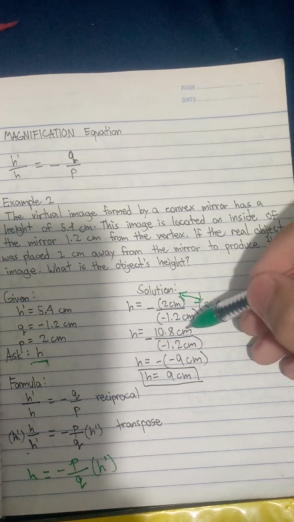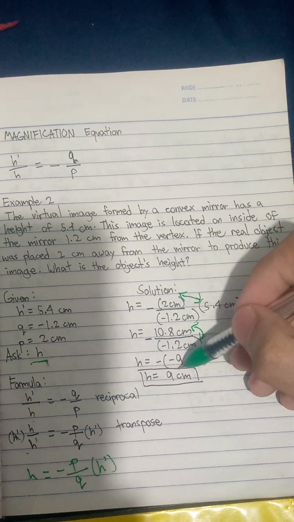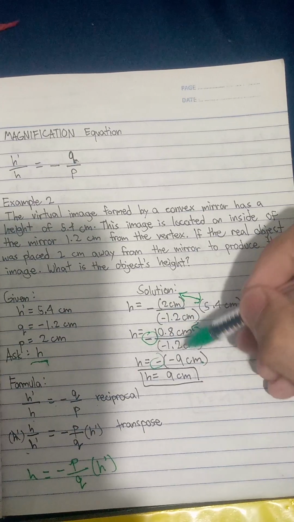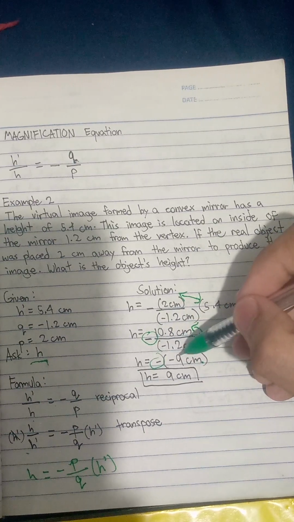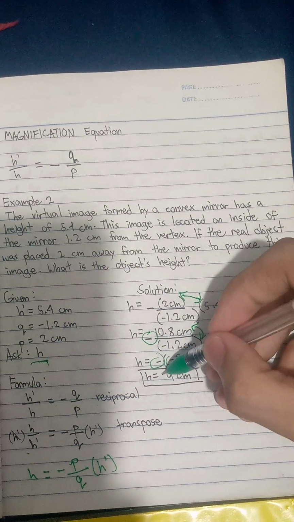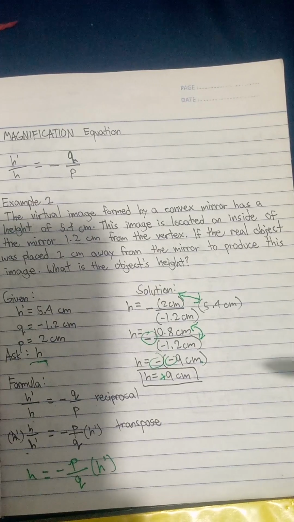And then we divide these two, we get negative 9 centimeters, and there's still the negative sign here, and our integer is also negative, so negative negative is positive. So our variable h is 9 centimeters.